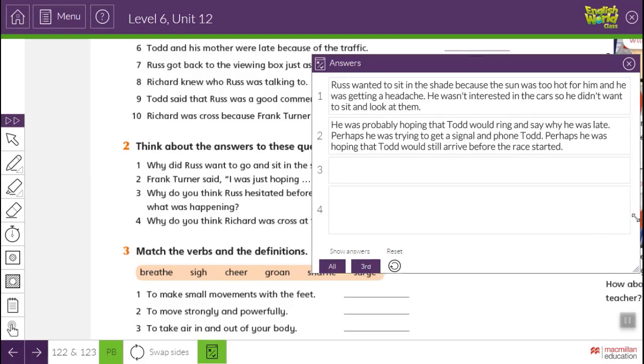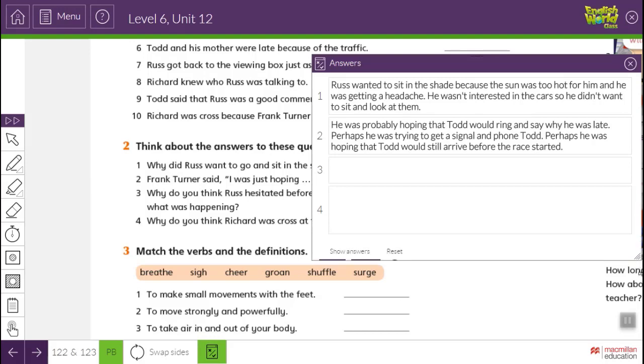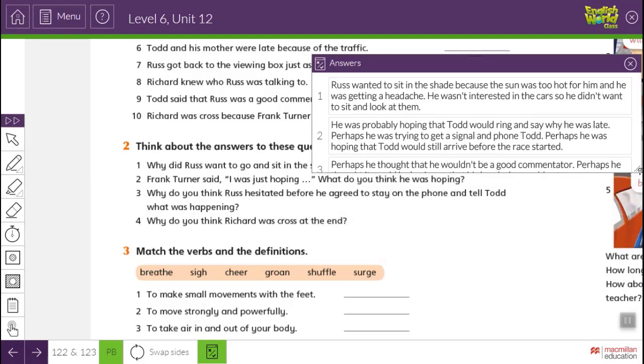Number 3. Why do you think Ross hesitated before he agreed to stay on the phone and tell Todd what was happening? Yes. Perhaps he thought that he wouldn't be a good commentator. Perhaps he thought it would be boring, or that his headache would get worse. Last exercise.